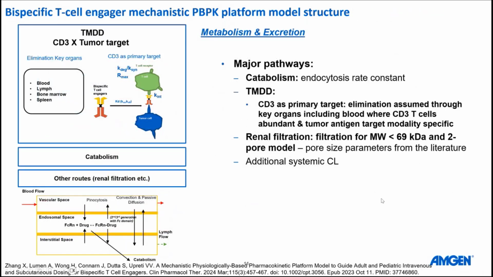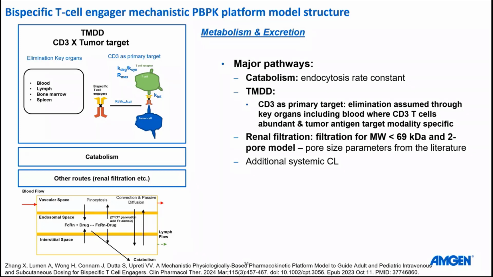So for metabolism and excretion, there are mainly 4 pathways we have considered. So first pathway is obviously the non-specific catabolic clearance pathway. And the second pathway we have considered is the target-mediated drug disposition. And in this part, we have used the CD3 as a primary target.